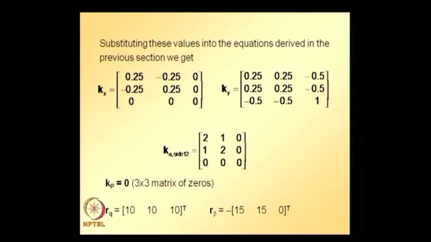and also Rq and R beta can be assembled like this. Rq is going to be a vector consisting of 3 components, each of which is equal to 10, and R beta is a vector consisting of minus 15, 15, 0. So, these are the quantities for element 1.